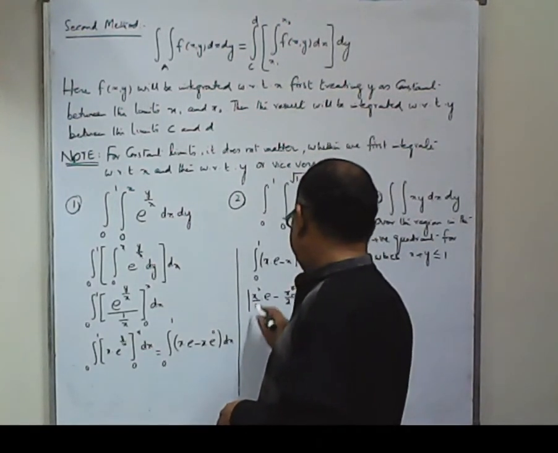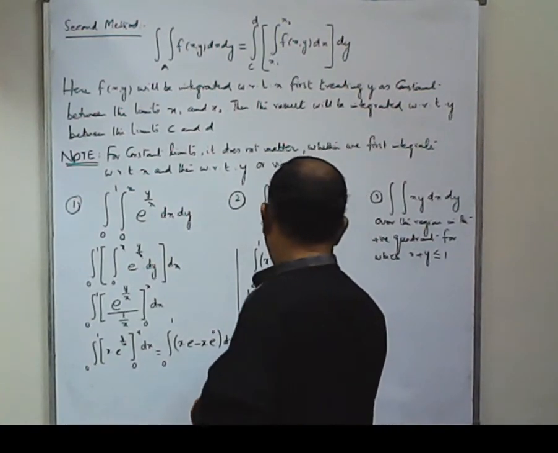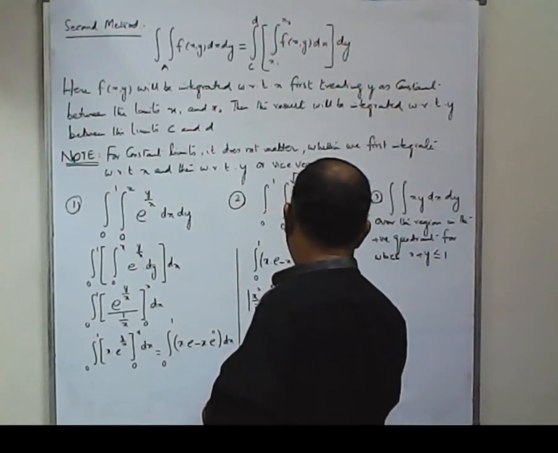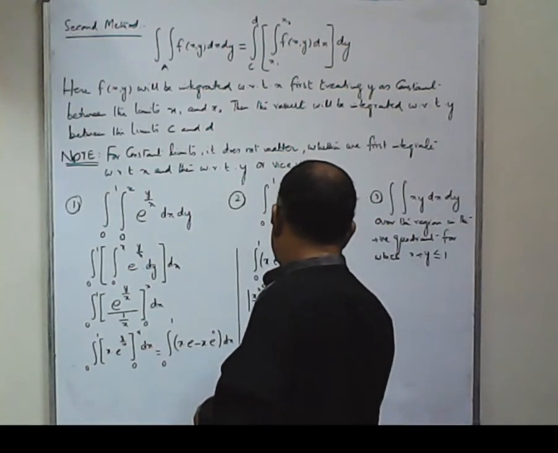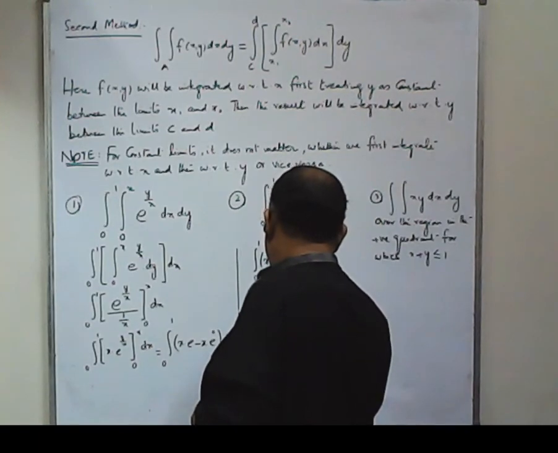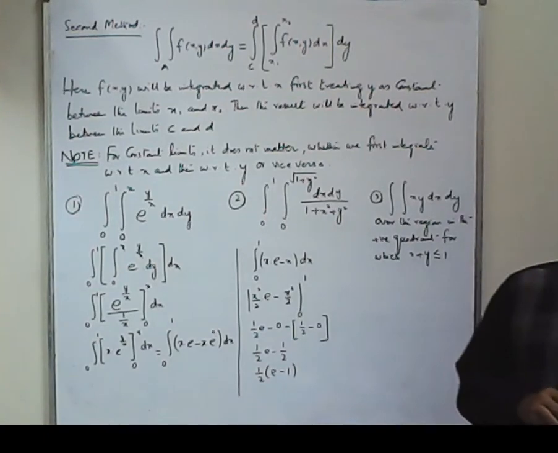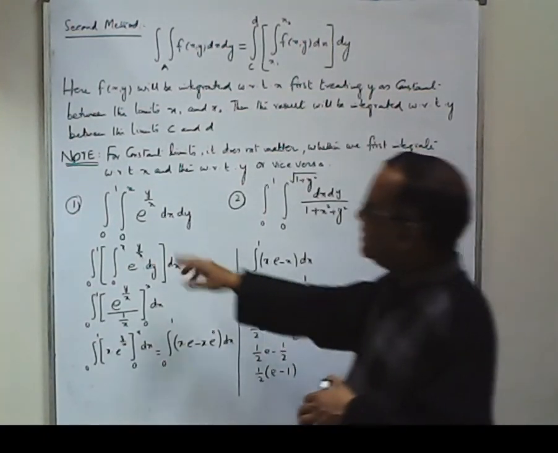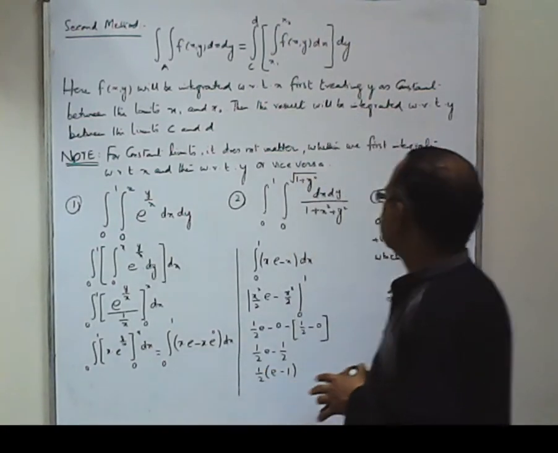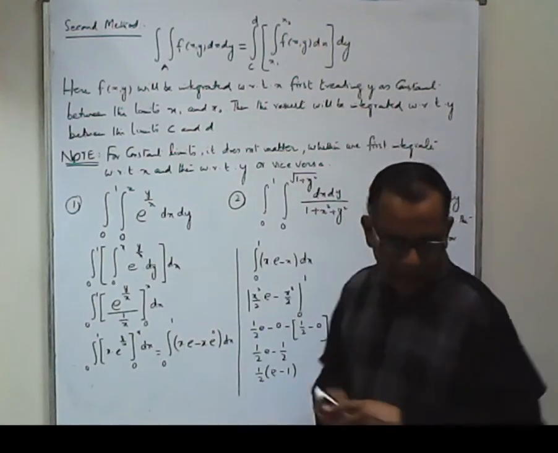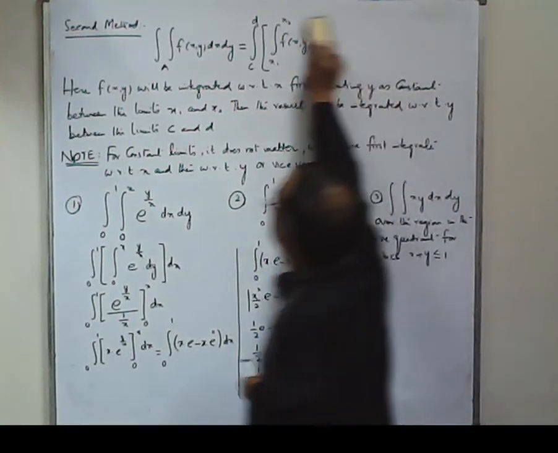If I substitute here, it will be 1 by 2 e minus 0 minus 1 by 2 minus 0. So it means 1 by 2 e minus 1 by 2, or if I take 1 by 2 common, e minus 1. So this is the way if we have the limit in terms of x. So now conversely, if I have the limits with respect to y, then what will happen?